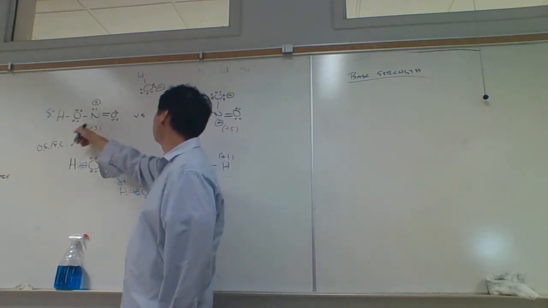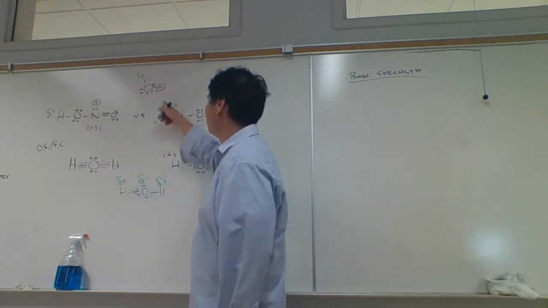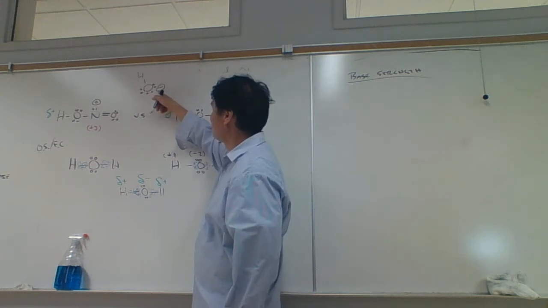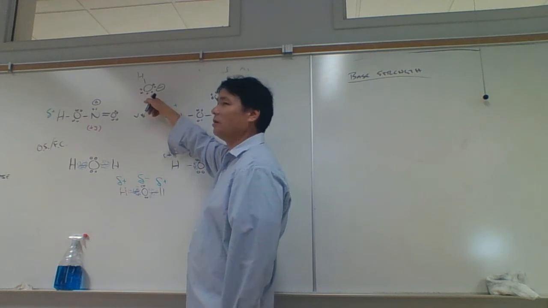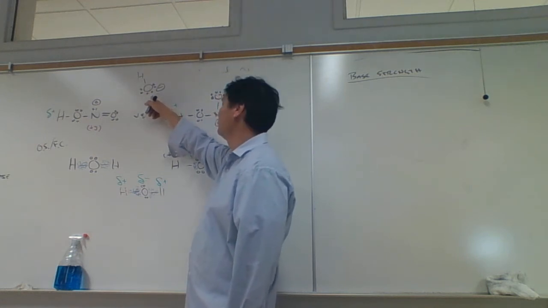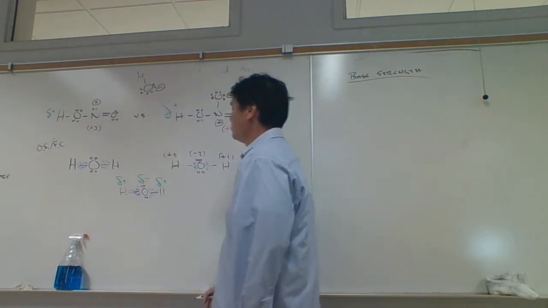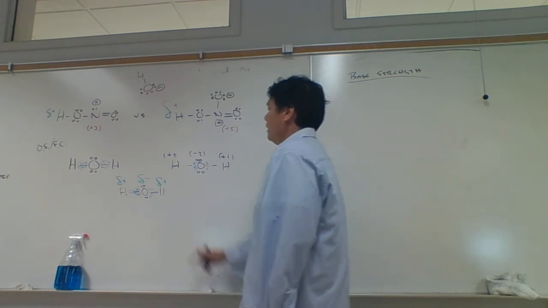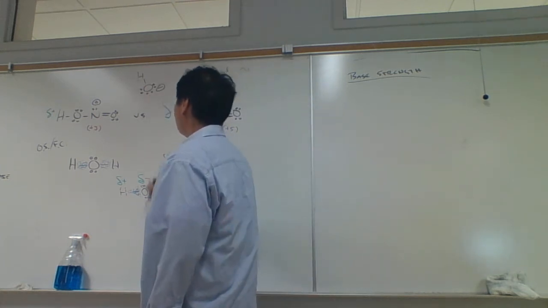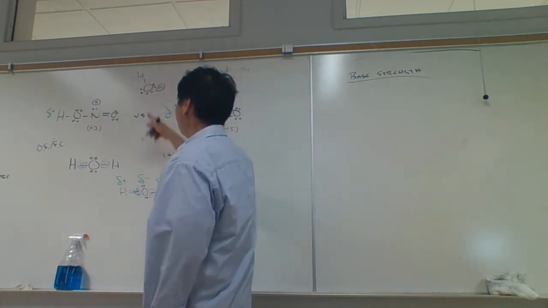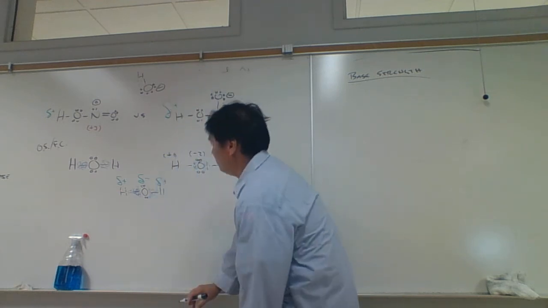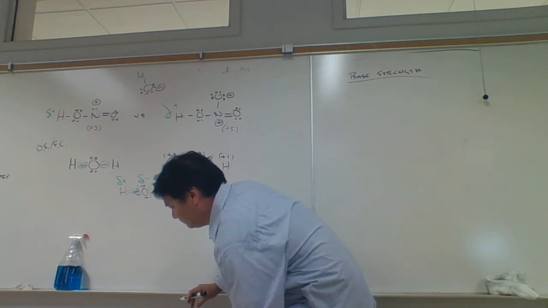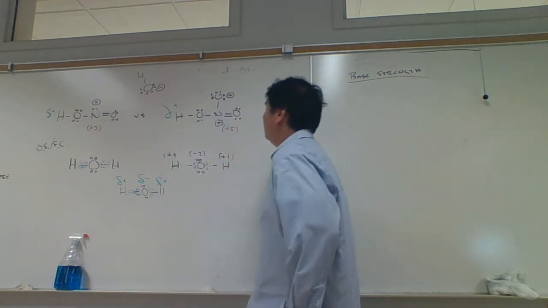This is just a positive-negative interaction. And so if I have a full negative charge here versus a partial negative charge here, the full negative charge is going to be more reactive. It's just got more negative charge density there. And so hydroxide versus water, hydroxide is more reactive, and therefore less stable.